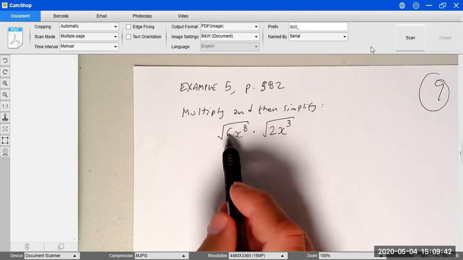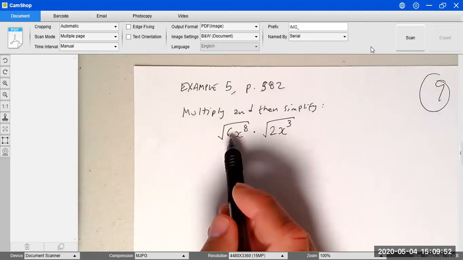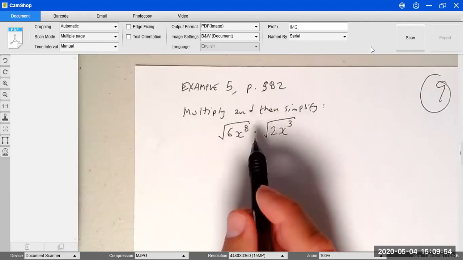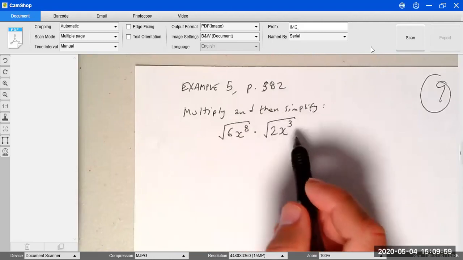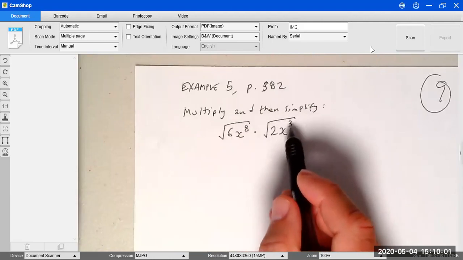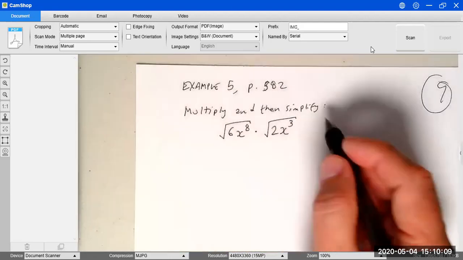But this coefficient cannot be broken into pieces, because what are those two numbers, one of them being a perfect square, that you can get from factoring 6? There are no numbers. The same thing with number 2. And for the third one, you know how to proceed: you can decrease the exponent by 1, then you have a perfect square times x. But it's better to multiply first, so that's the recommendation.